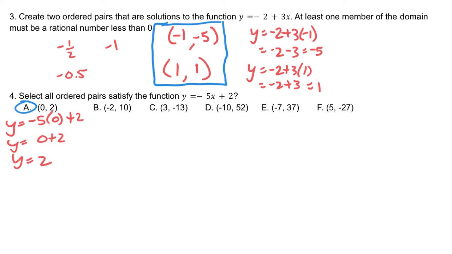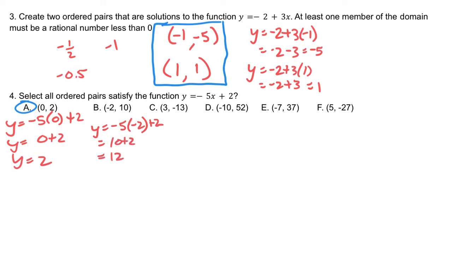Okay, let's do y equals negative 5 times, in this case, negative 2, plus 2. This would be 10 plus 2, which is 12.